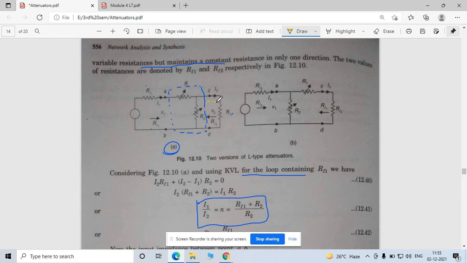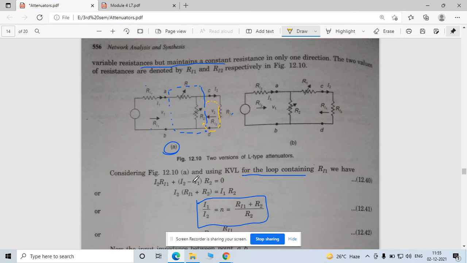Now for this loop, R2 into the image impedance for port 1 plus the current divided into two sections, so (I2 minus I1) into R2 equals 0.